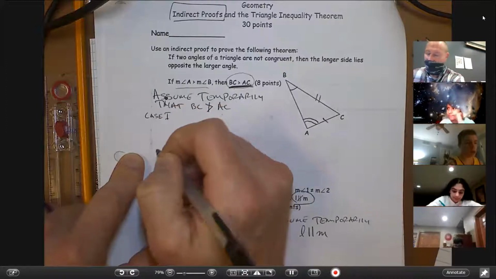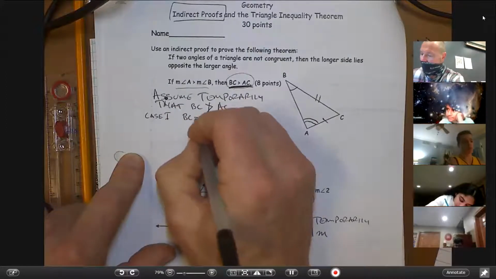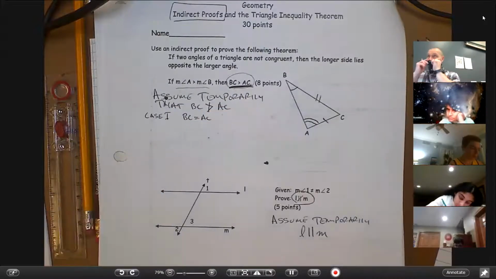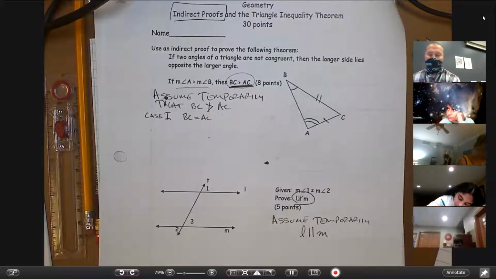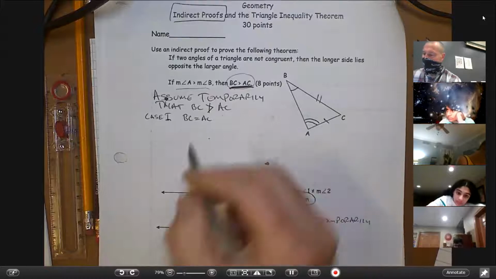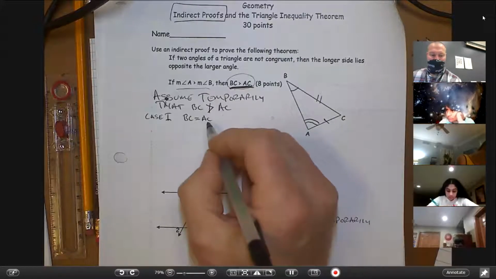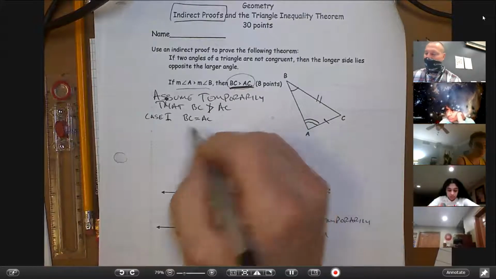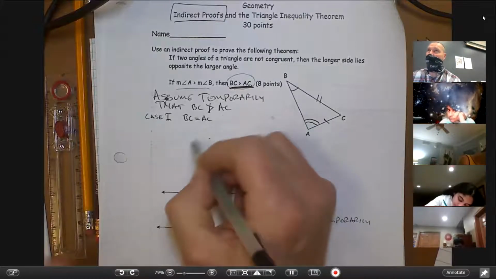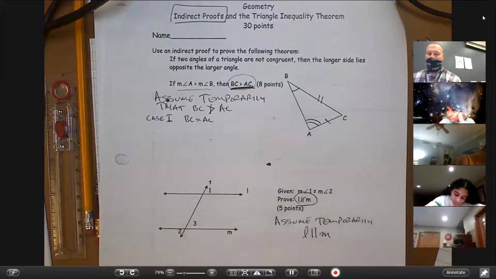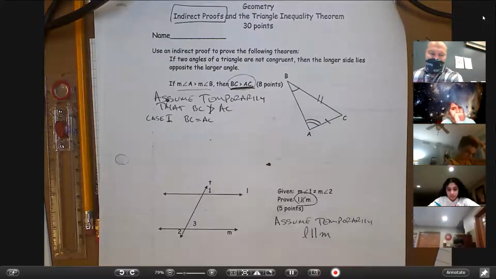Case one, BC equals AC. So we're going to assume that. You could do this in statements and reasons, or paragraph. I'm going to go paragraph in this because I'd have to do statements and reasons twice.